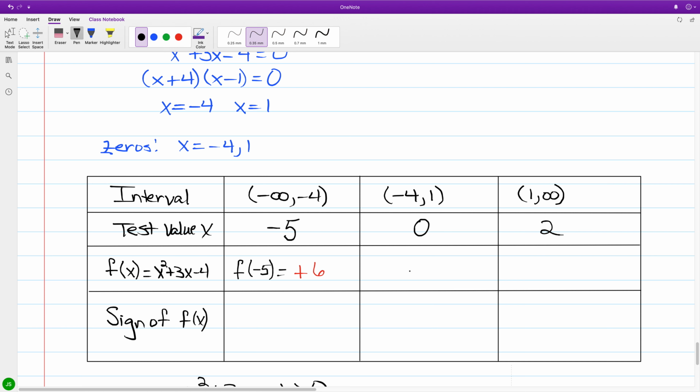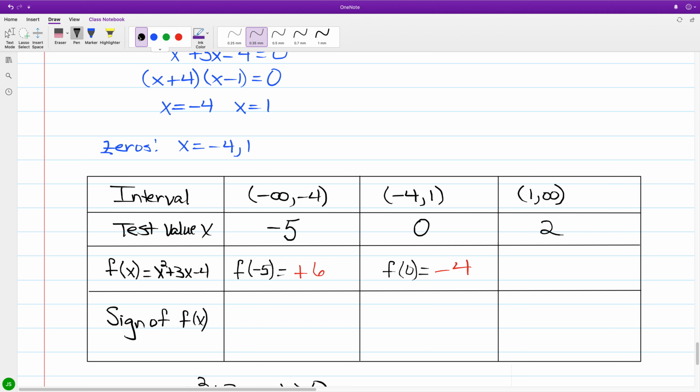Now, if I test the middle interval using 0 as the input, we've got 0 squared, another 0 with 3 times 0, and then minus 4. So f of 0 is equal to negative 4.